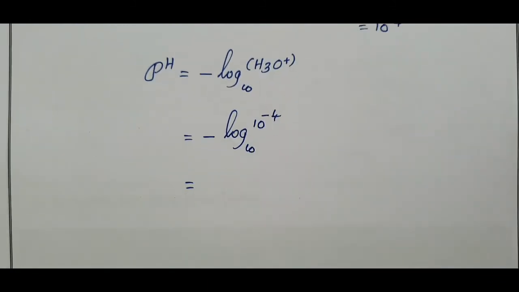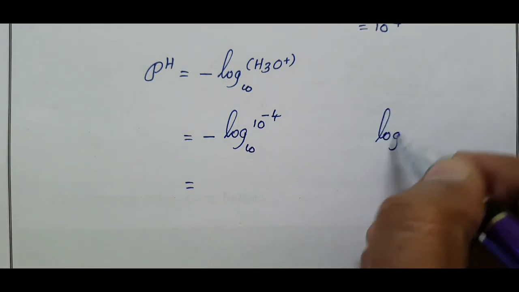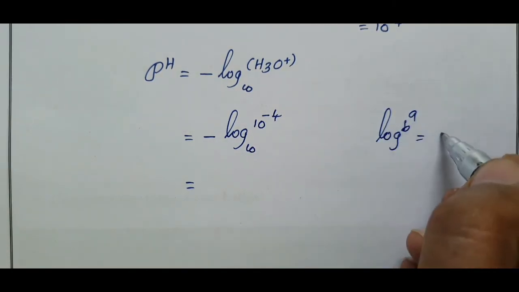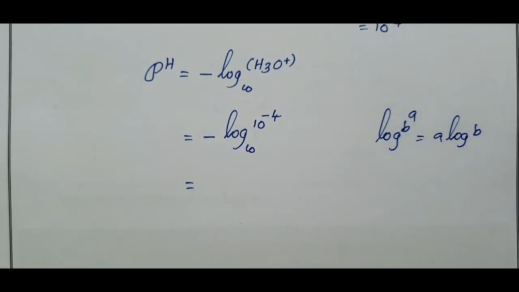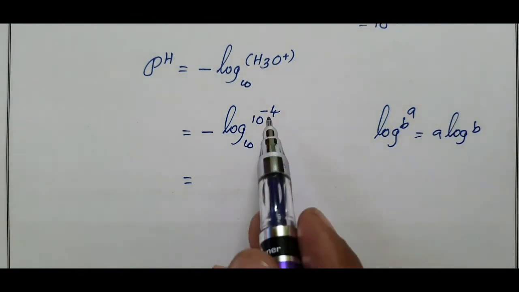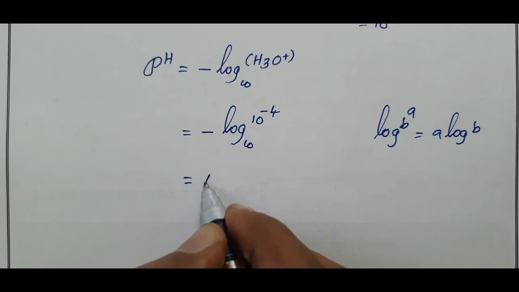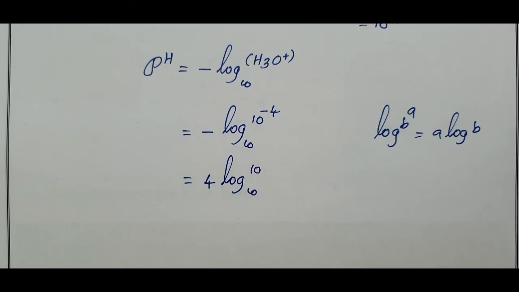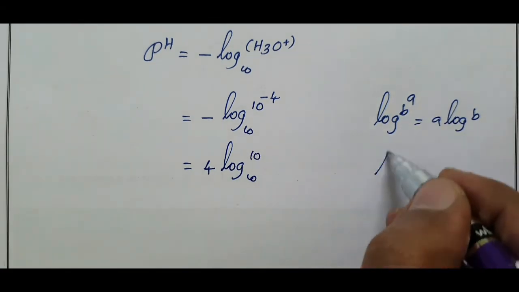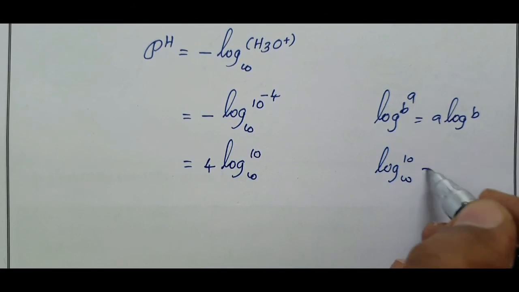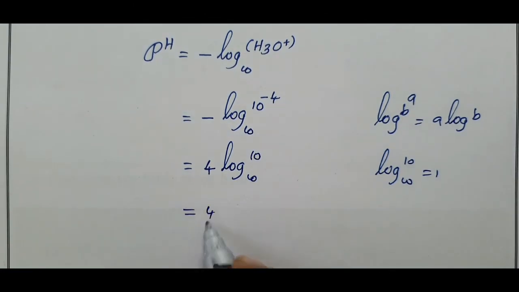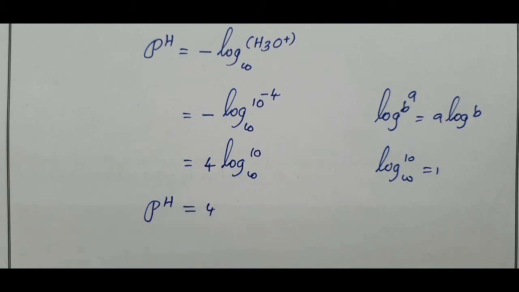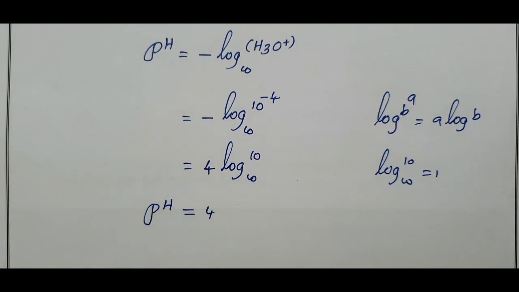You know the formula log B power A equals A log B. Now, bringing the power minus 4 to the front, it becomes 4, minus into minus becomes plus, log 10 to the base 10. You know the value of log 10 to the base 10 is 1. 4 into 1 equals 4. The pH of 5 into 10 power minus 5 mol per litre sulfuric acid is 4. Because the pH is less than 7, the solution is acidic.